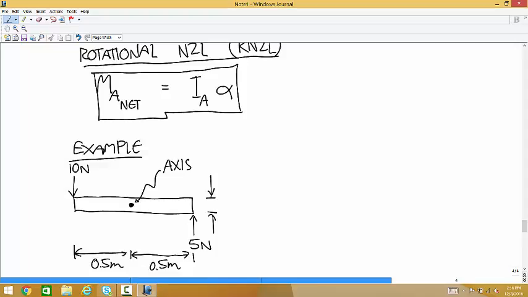And this is 0.1 meters. And let's say the mass is 2 kilograms. And we want to calculate the angular acceleration.